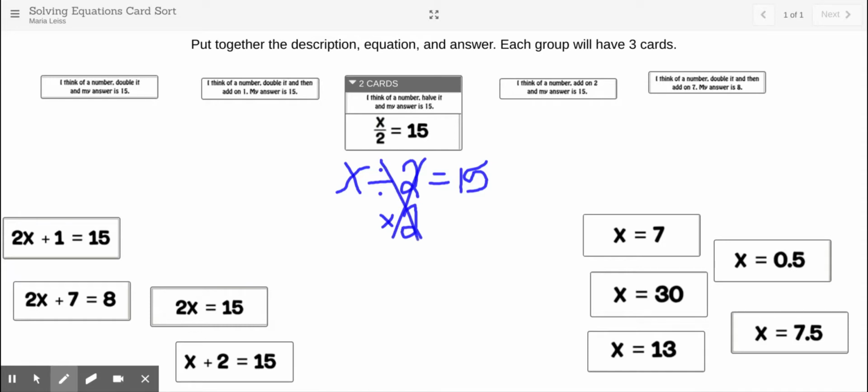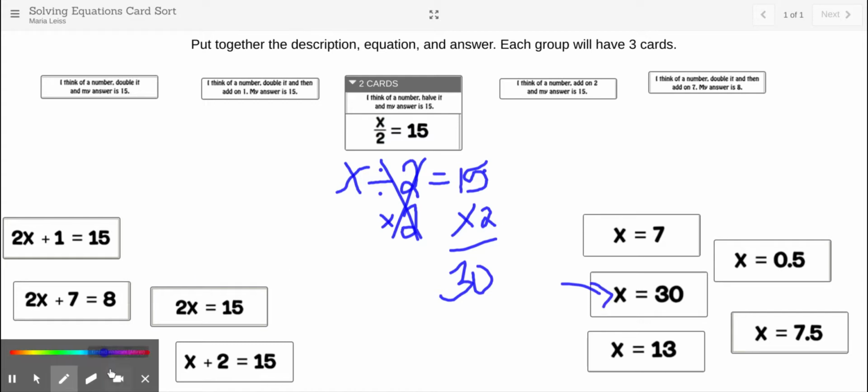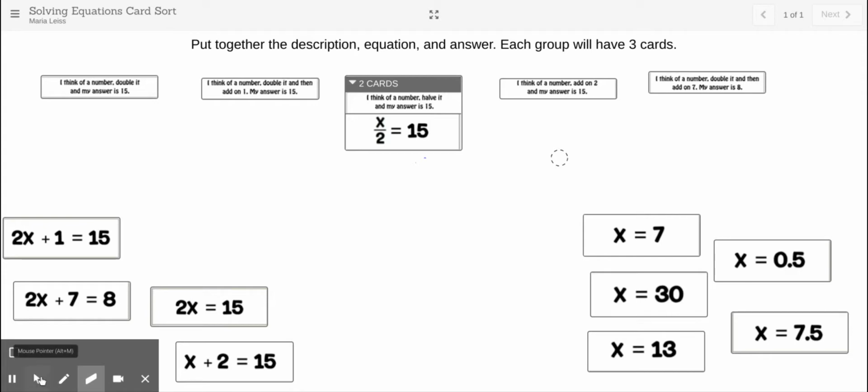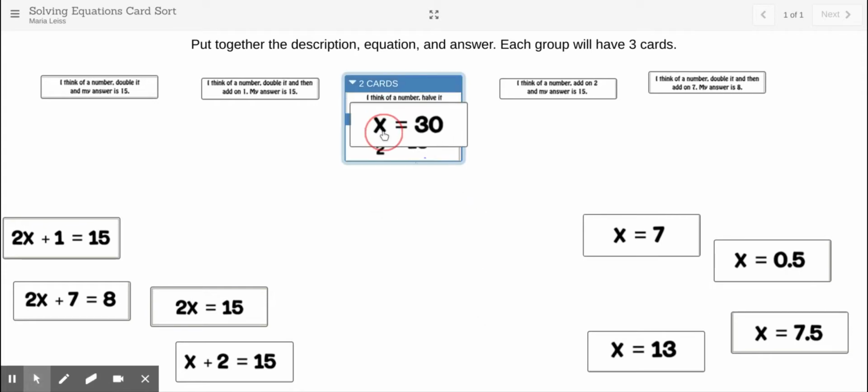And if you remember from last week, whatever I do to one side, I have to do to the other. So 15 times 2 is 30, right there. So I'm going to come up here, use my magic pen, and erase what I had written on my screen. And I know that this one belongs here.